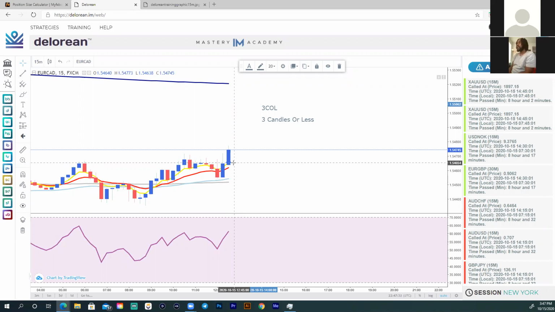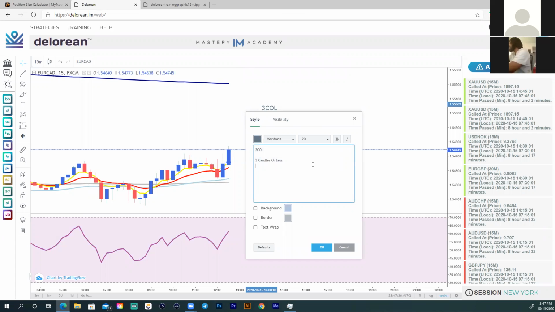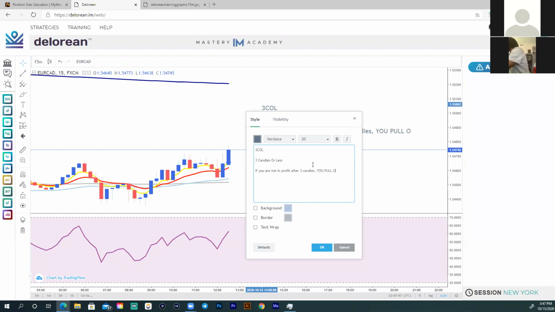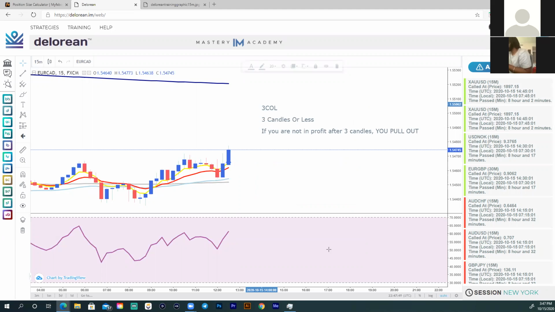If you are not in profit after 3 candles, you pull out. You got to understand, if you are not in profit after 3 candles, you pull out.